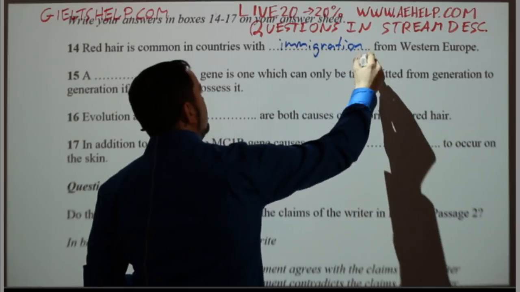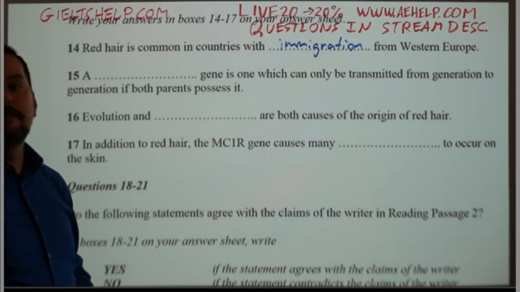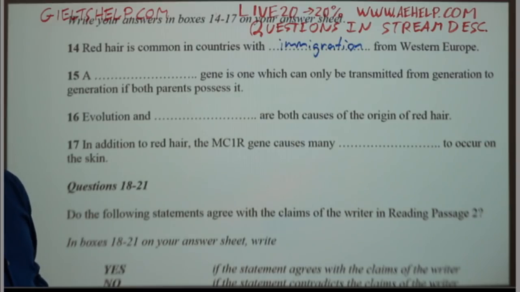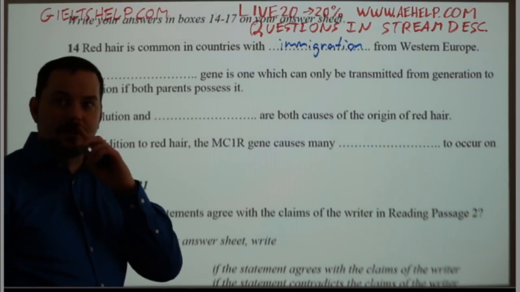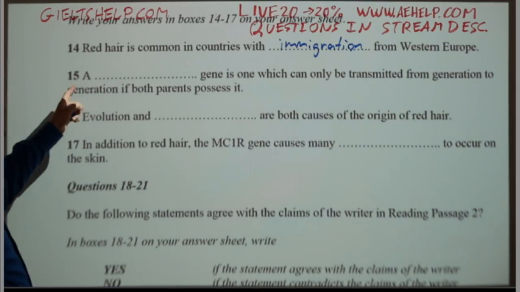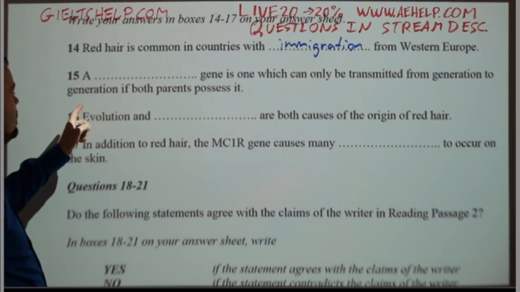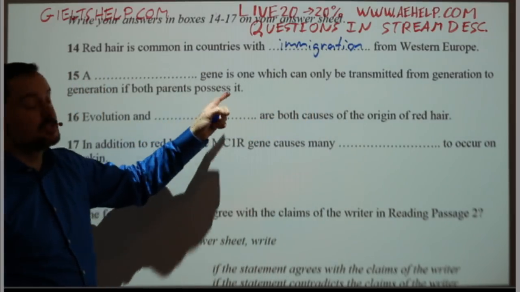If you write historical migration, then you might get it wrong if you spell it wrong. So red hair is common in countries with immigration from Western Europe. That will be okay, all right? That will be fine, just immigration. All right, next one. Something gene is one which can only be transmitted from generation to generation if both parents possess it.